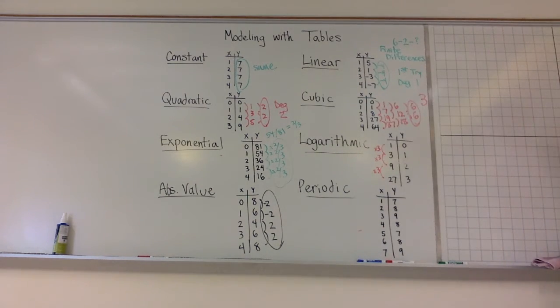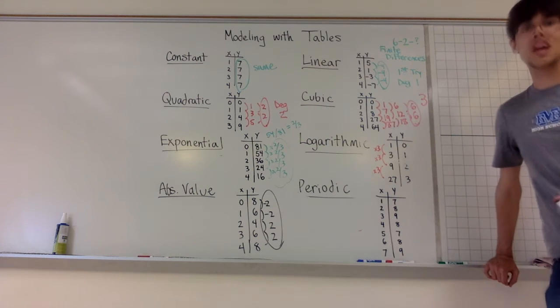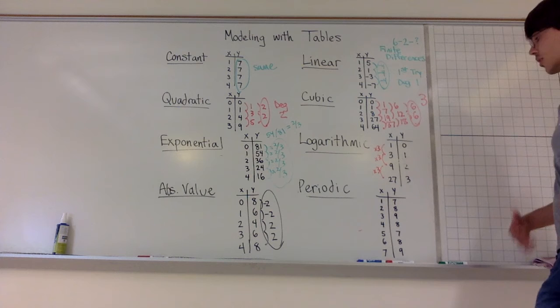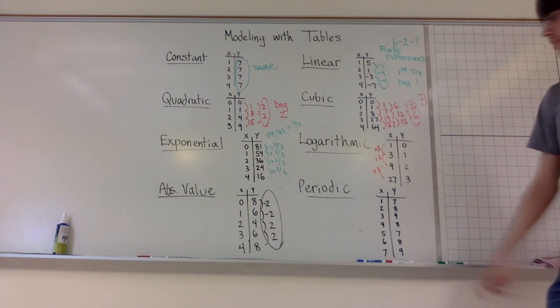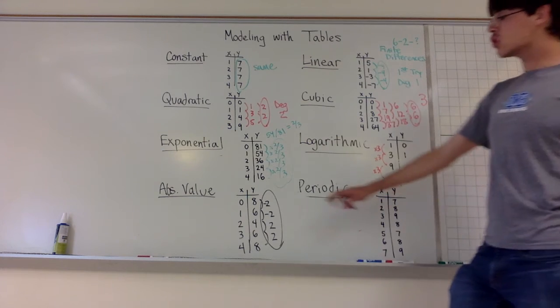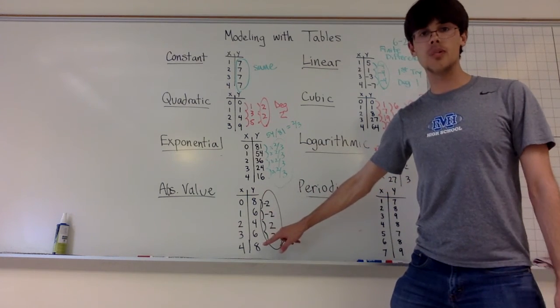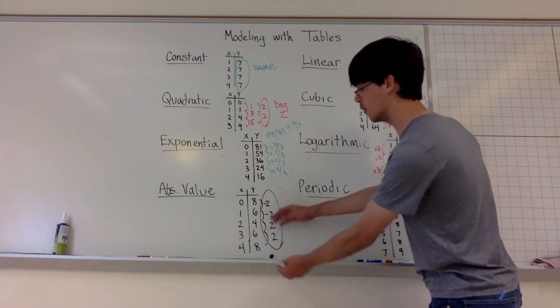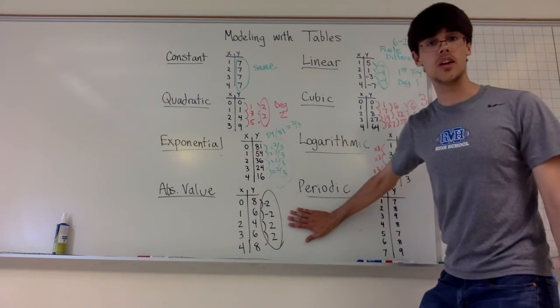For my last one here, periodic is a little weird, and it's hard to describe, and it's probably not going to come up on a test or anything like that, but just so we've covered it, you guys are at least familiar with the concept here: it rises and falls in patterns. So this one went down and up, but that was it, just one time. You can maybe argue it could have been periodic, but there's not enough points. This is down and up, it's absolute value.